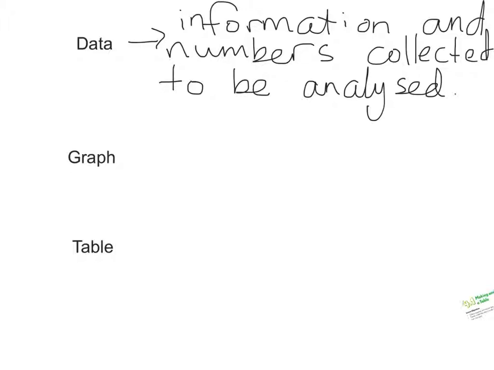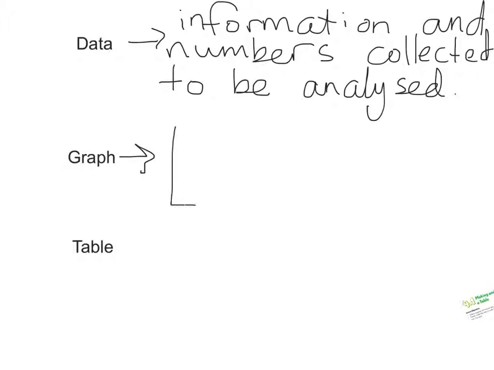A graph is the next vocabulary word we're going to talk about, and a graph is one way to display your data. You can display data in a graph, and a graph is a picture representation of the data.